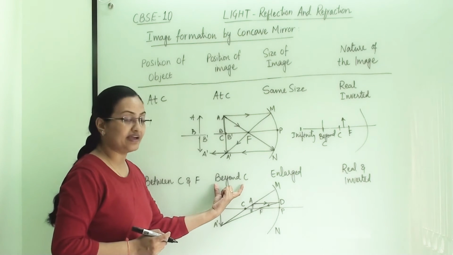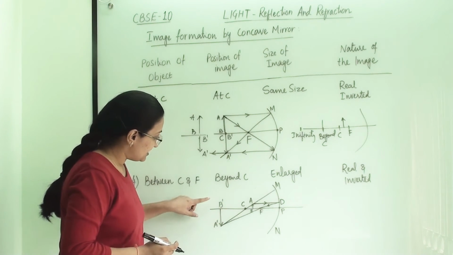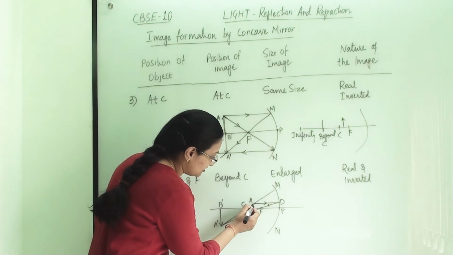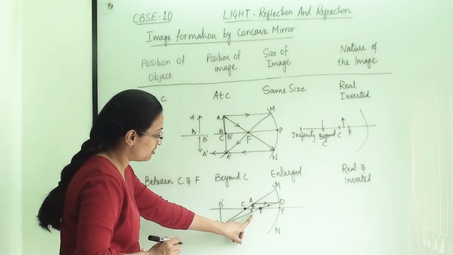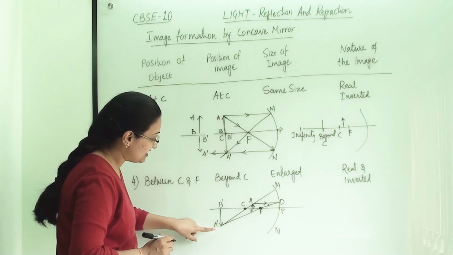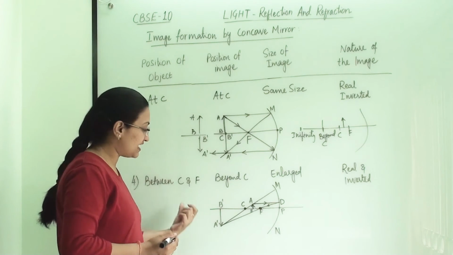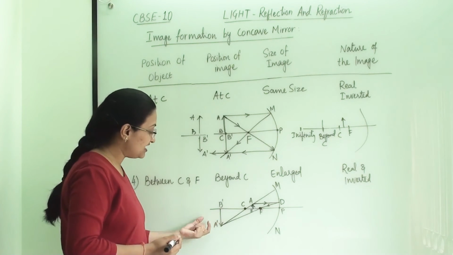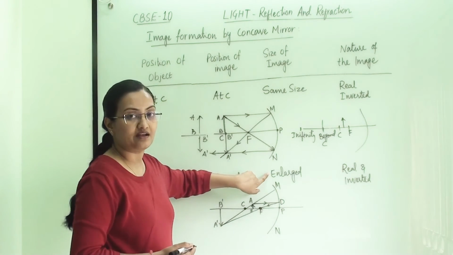So where will we get the image? Beyond C we will get the image. If we keep the object in between C and F, then we will get the image beyond C, towards the left hand side, and it will be inverted and enlarged.